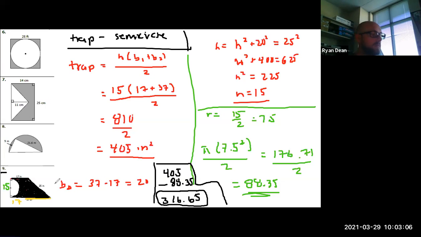So again, all of this is just with basic shapes. We will be using the Pythagorean theorem in some of these instances, like number 8 up here, for you to find this hypotenuse.